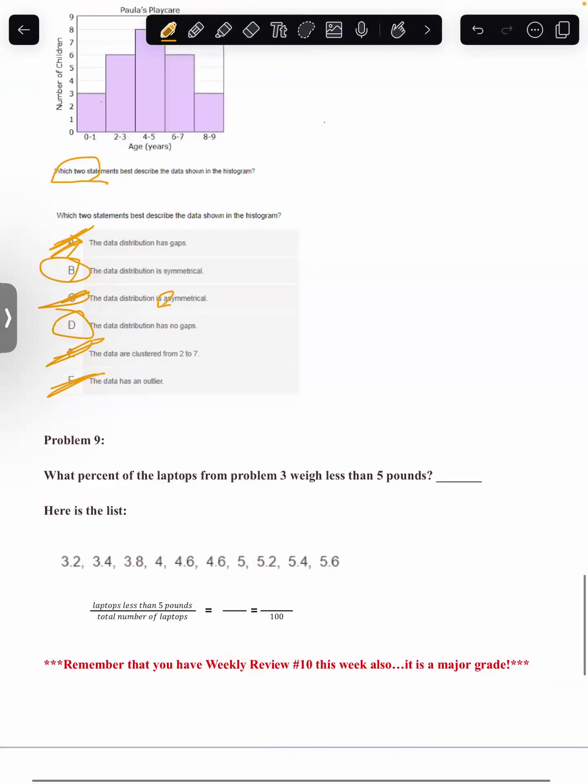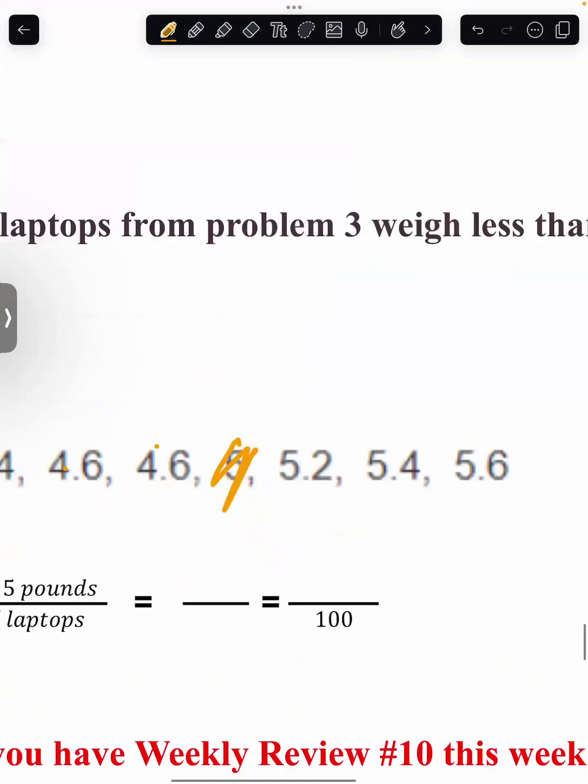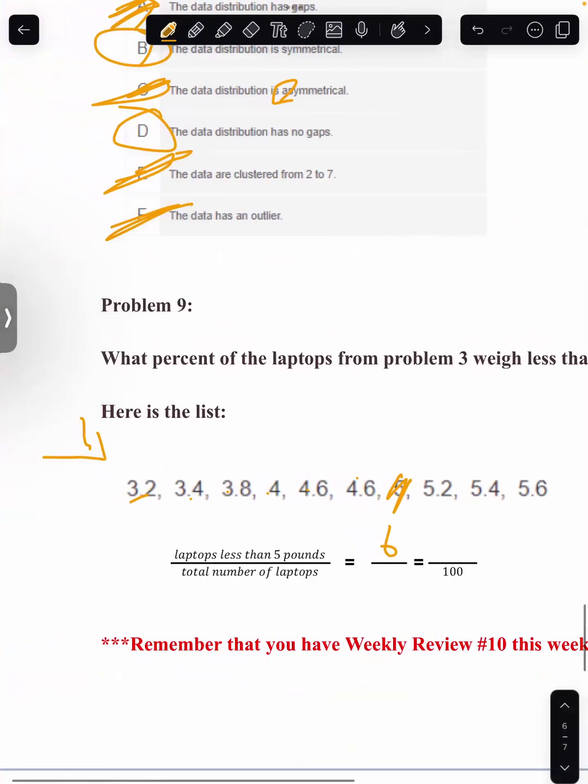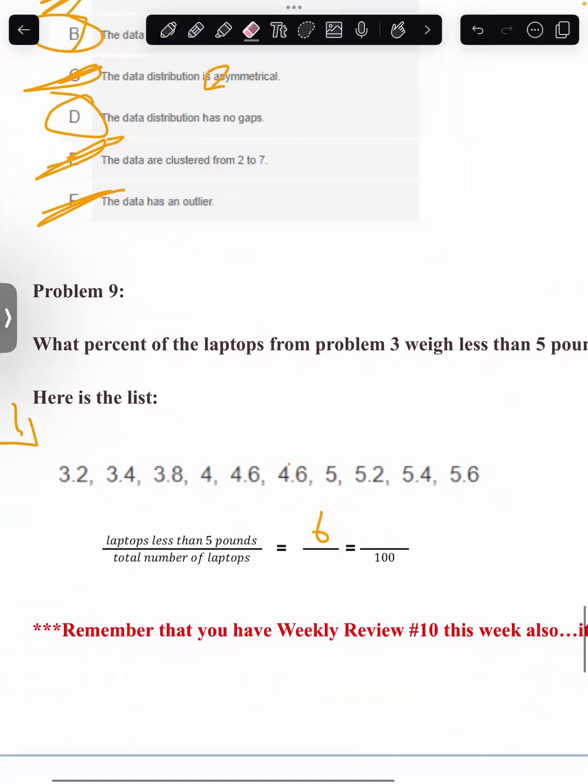All right, what percent of the laptops from problem 3 weigh less than 5 pounds? So I put the list on here. So less than 5 pounds. So if you're thinking, wait, does that include 5? No, 5 is not less than 5. So it's all the ones less than 5. So there's 1, 2, 3, 4, 5, 6 of them weigh less than 5 pounds out of the total number of laptops, which is 1, 2, 3, 4, 5, 6, 7, 8, 9, 10. 10 laptops.